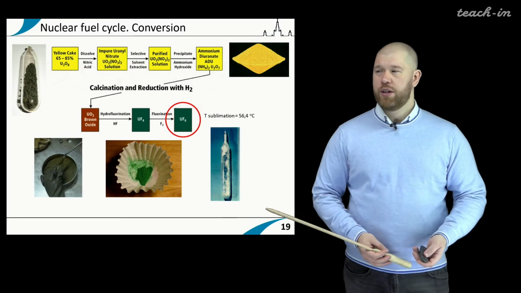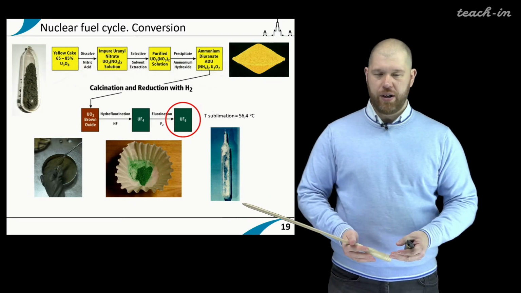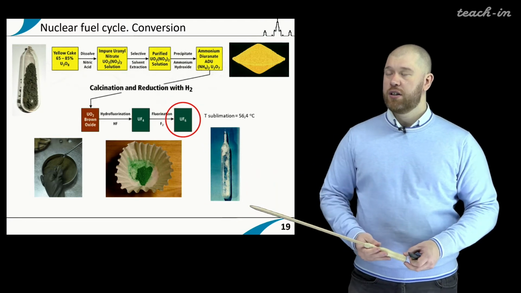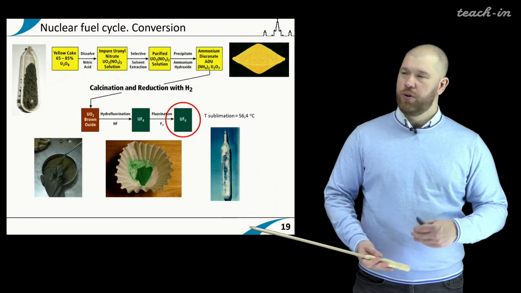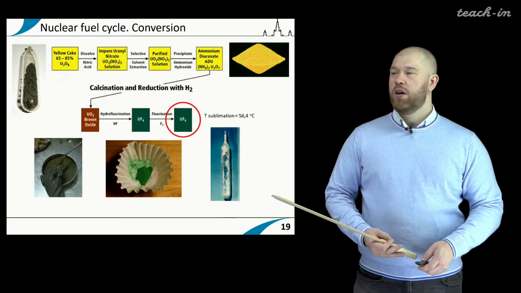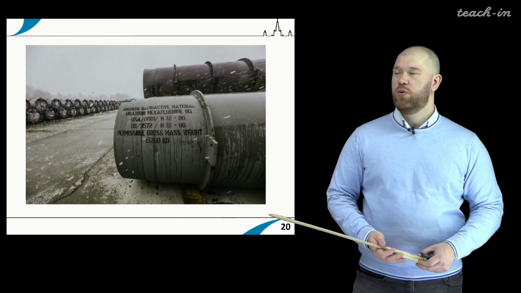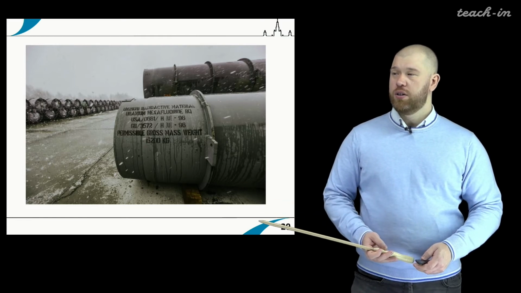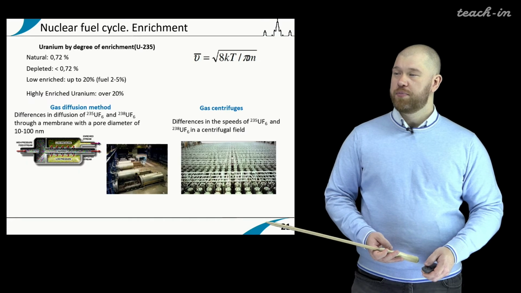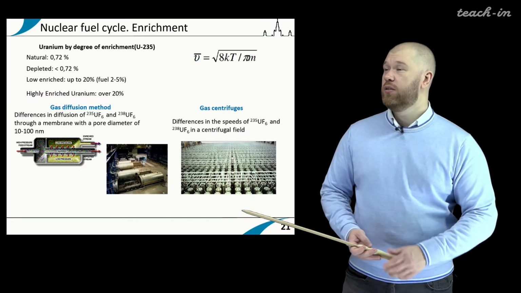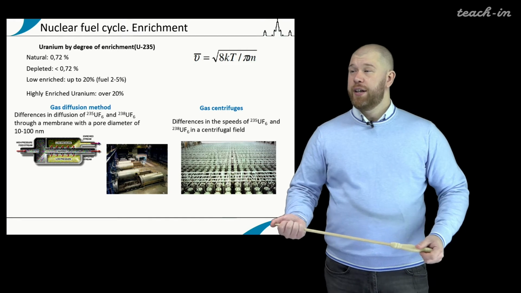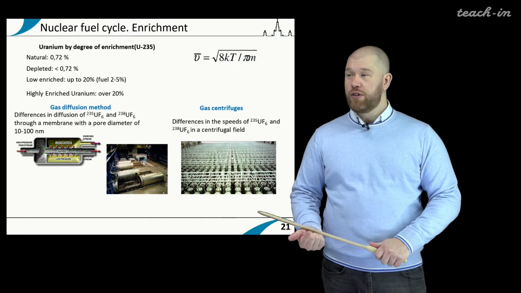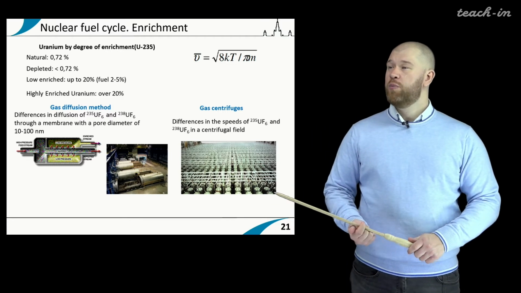During this conversion, again, at different steps, we have different waste during the purification of uranium. There are some tailings of uranium hexafluoride production that are stored in these barrels.